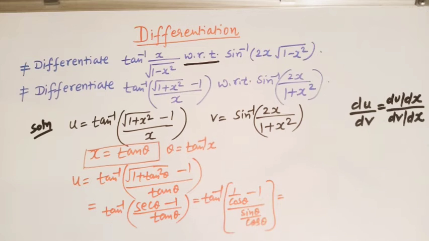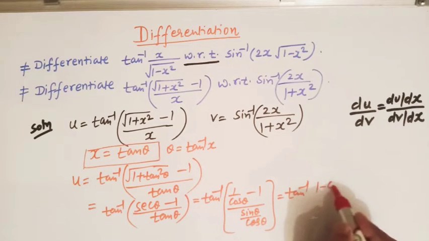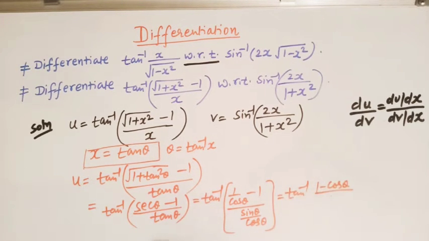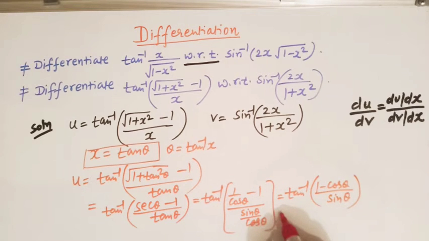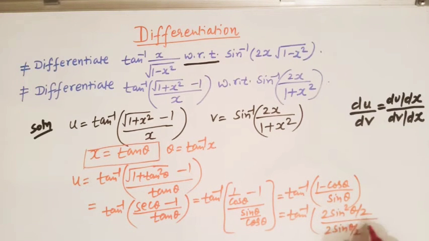Okay, so here we have tan inverse, and if we simplify this, this is 1 minus cos theta divided by cos theta. Cos theta and cos theta get cancelled, so here we have sin theta, right? Now this is tan inverse, 1 minus cos theta is 2 sin square theta by 2, and sin theta is 2 sin theta by 2 cos theta by 2, right?